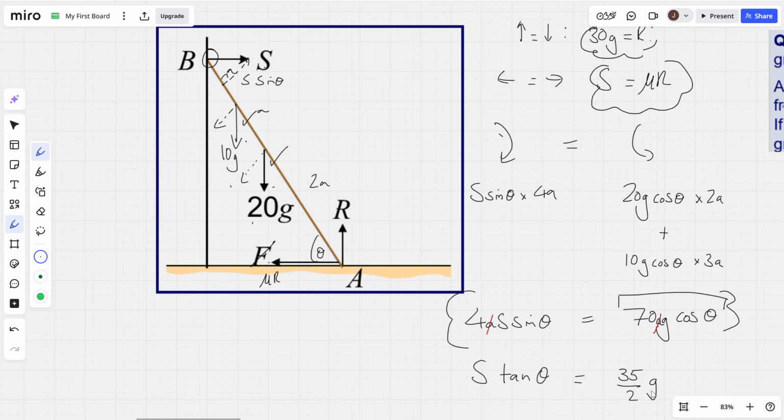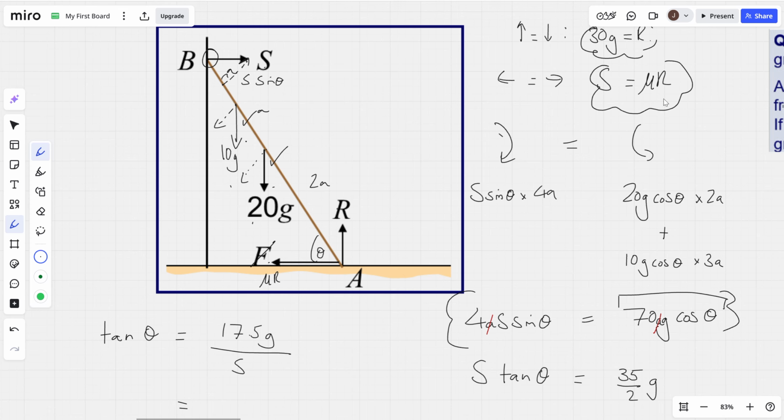I think that's correct. And then this S, we should try and get rid of this S, shouldn't we? That would help things out. So I could get tan theta equals, I'm just going to call that 17.5 to make it slightly less annoying, 17.5G over S.